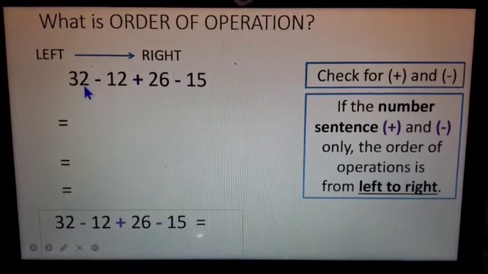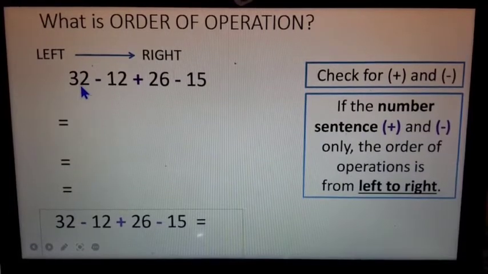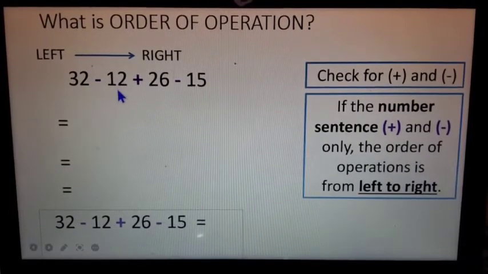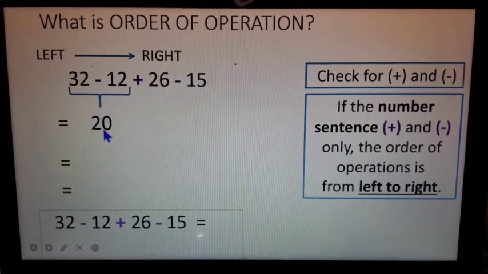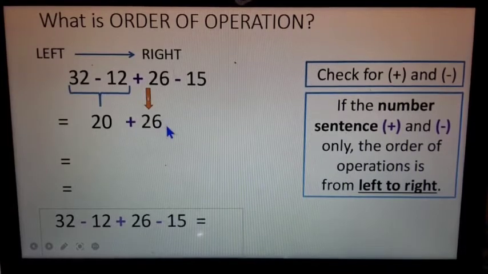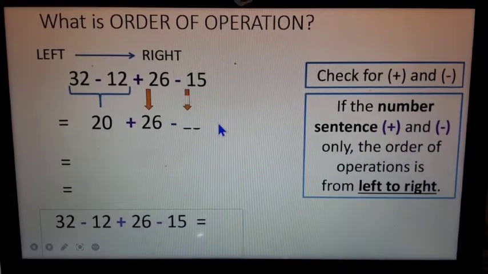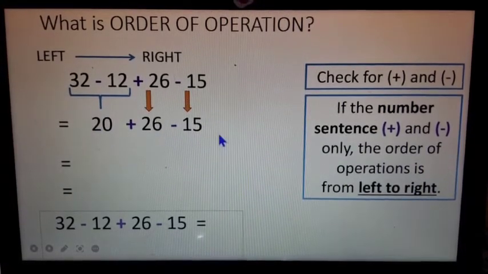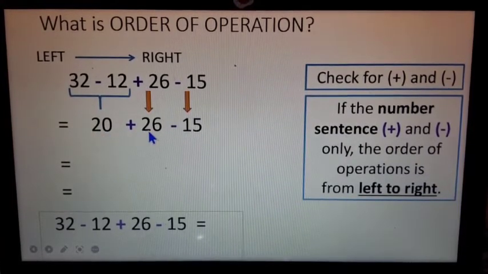Alright, so I start from the left, which is 32 minus 12, which is 20. Next, I bring down 26 and I bring down minus 15. So from 20, plus with 26. Can we do 20 minus 15?